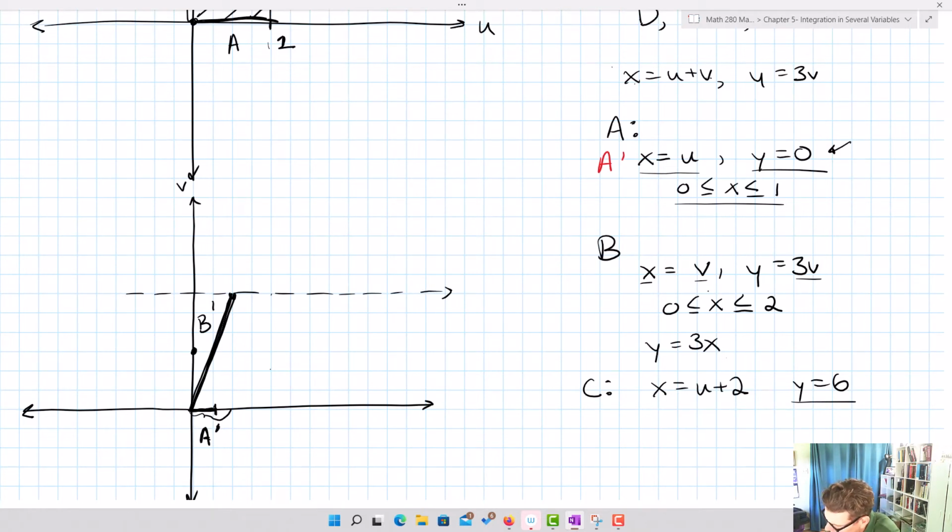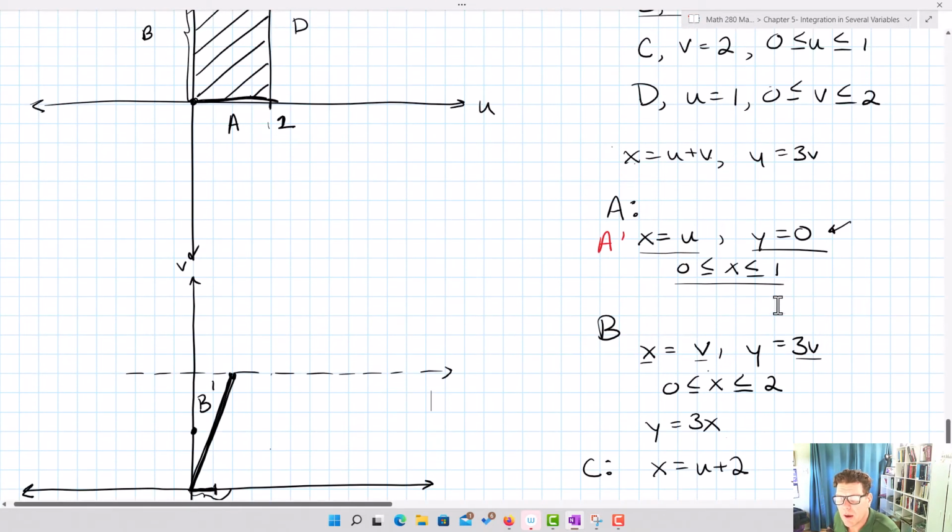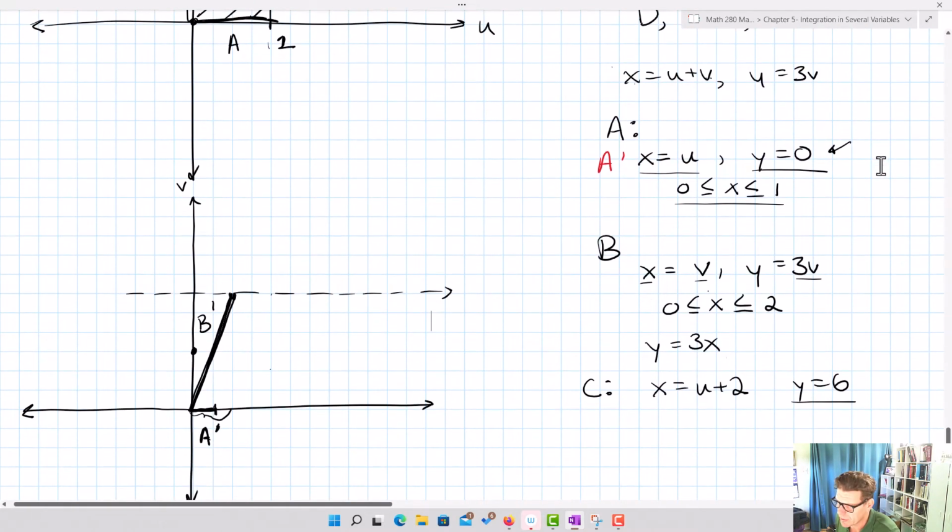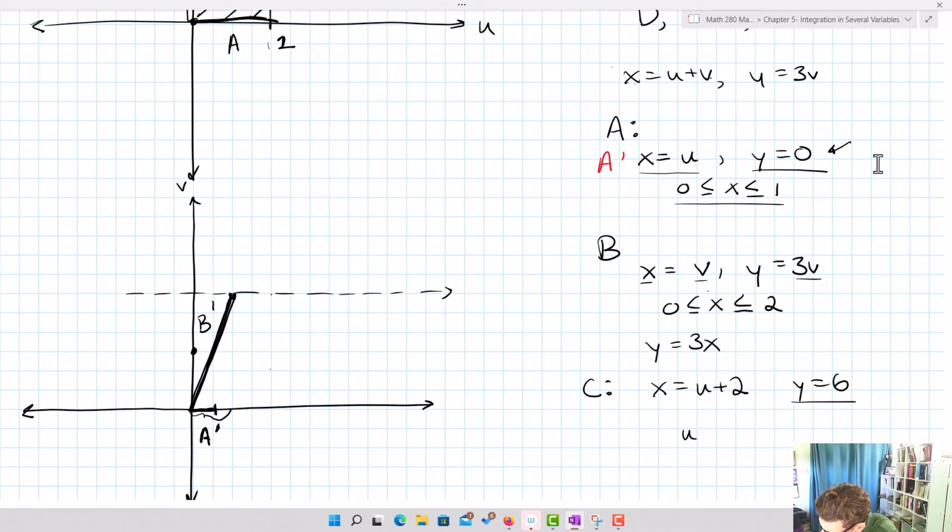And then we just need to figure out where we're going from. So we've got U greater than or equal to 0, less than or equal to 1. So U of 0 is equal to 0 plus 2, so that equals 2. And U of 1 is going to equal 1 plus 2, and that equals 3.